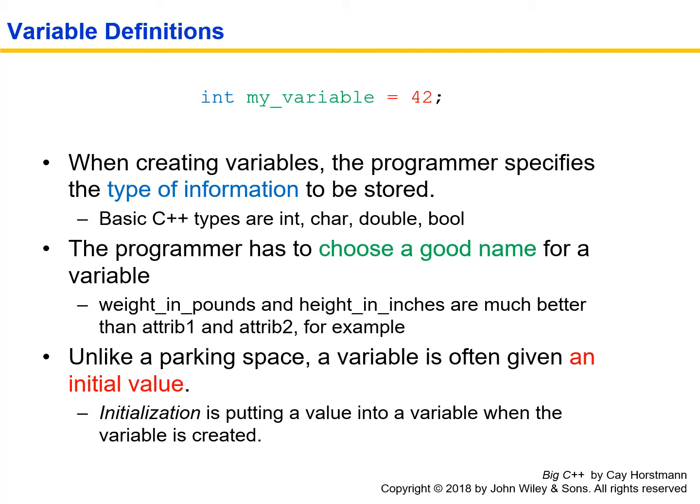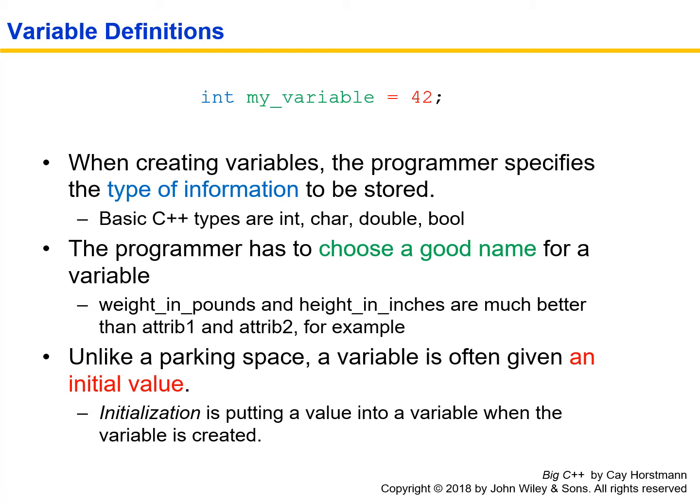In green, the second part of a variable definition, the programmer has to choose a good name for the variable. My variable is not a very good name for this variable because we really don't know what it's going to be used for from that name.